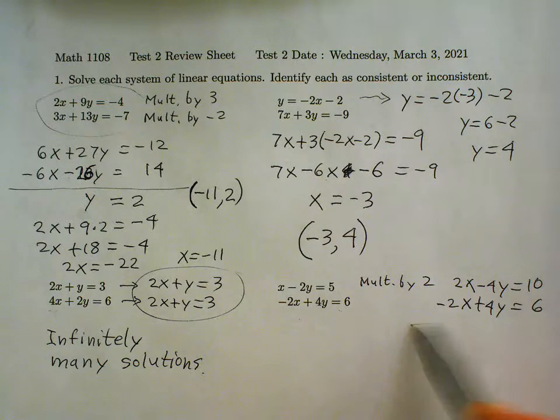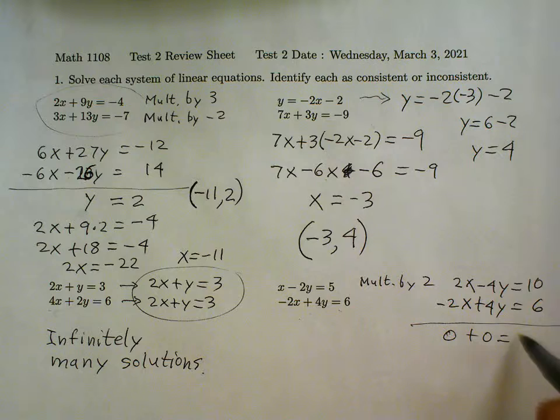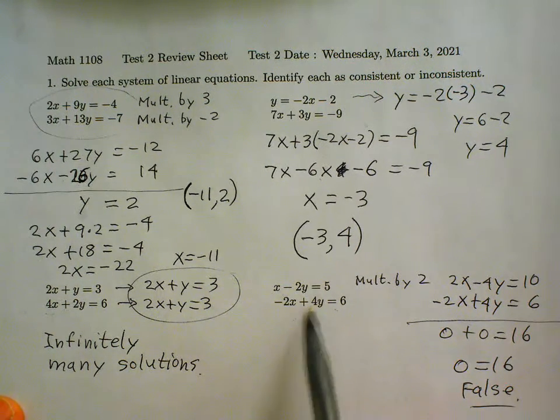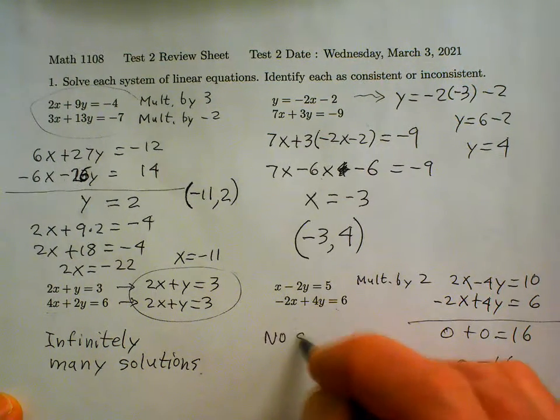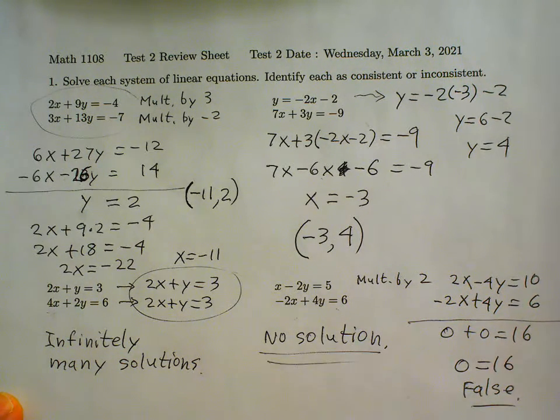And then add those two equations together. We get 0 plus 0 equals 16, or 0 equals 16. That is false, so that means the system has no solution. You can also determine that it has no solution by showing that the two lines have the same slope but different y-intercepts. That means they do not intersect.